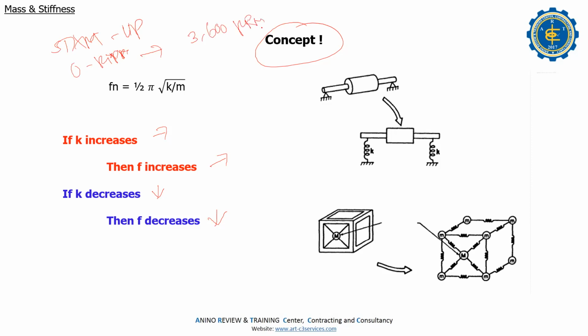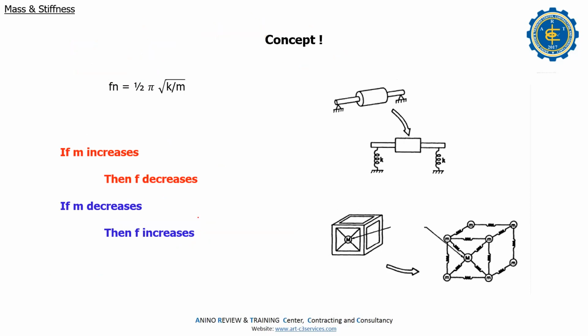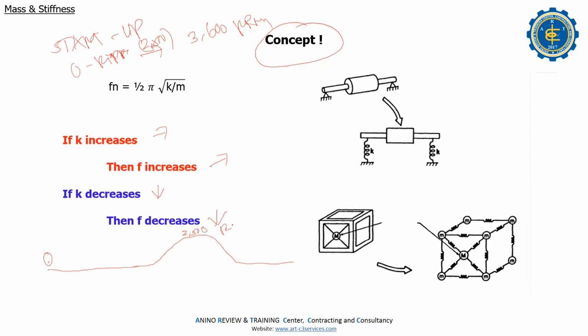For example, the critical speed is 2,500 RPM. What happens during startup is that the vibration starts from 0 RPM, and then when we reach 2,500 RPM, the vibration goes high. Then it comes back down and continues to 3,600 RPM.